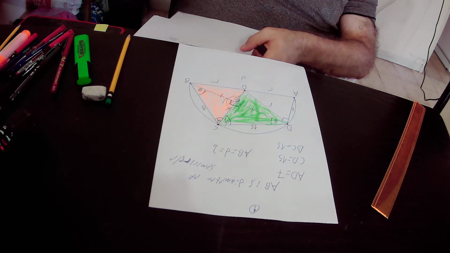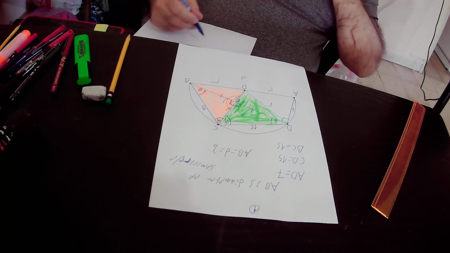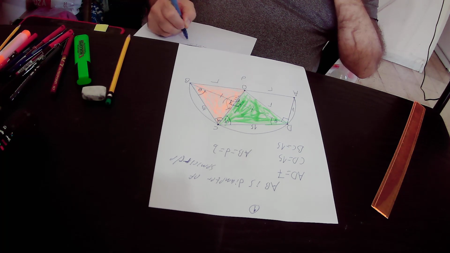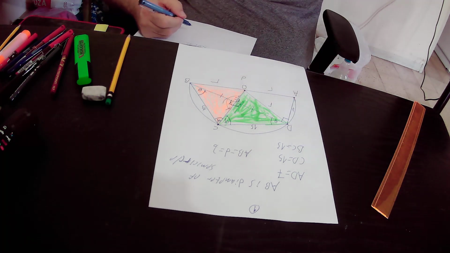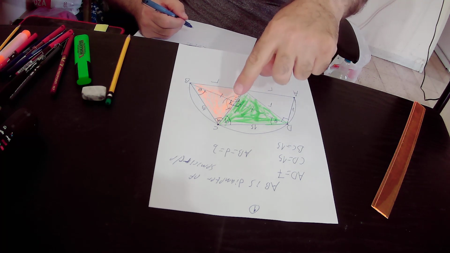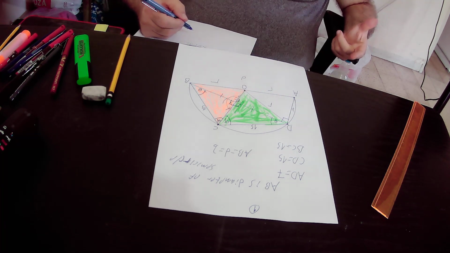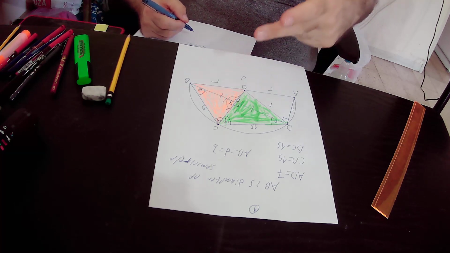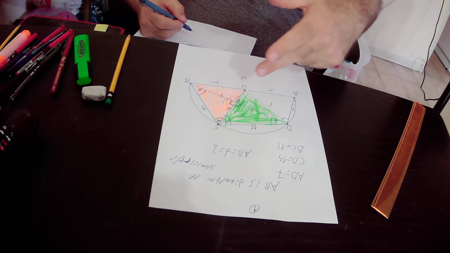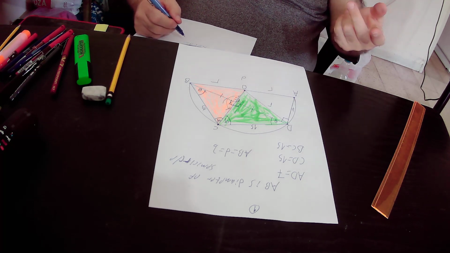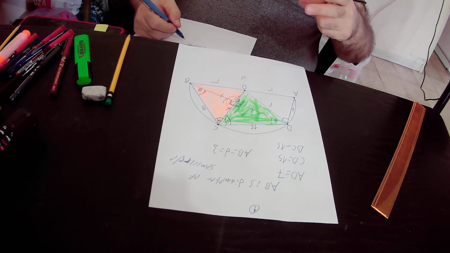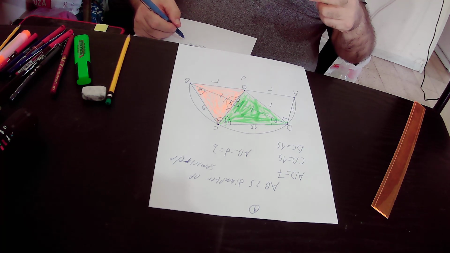But what is the size of angle OEC? The size of angle OEC is 180 degrees. Why? Because OC is a straight line, and along a straight line, if we look at one side, the sum of the angles is 180 degrees.